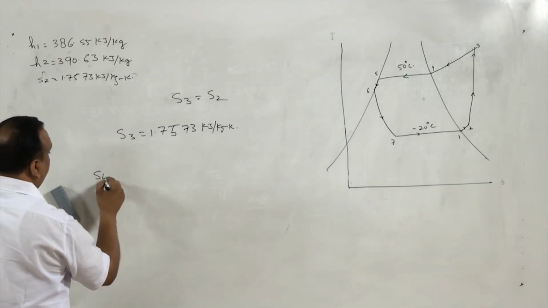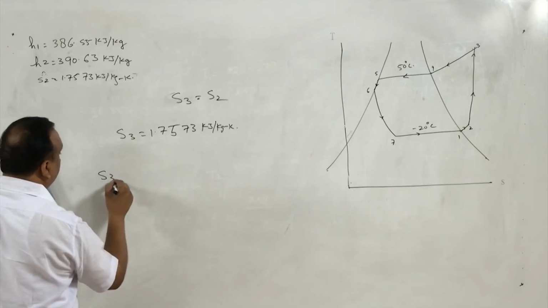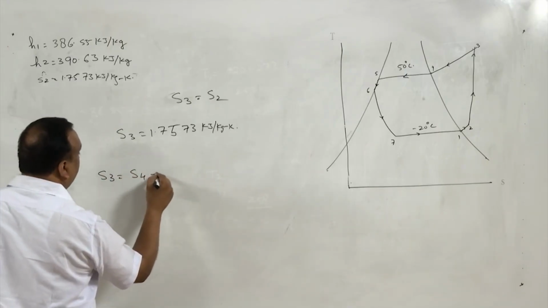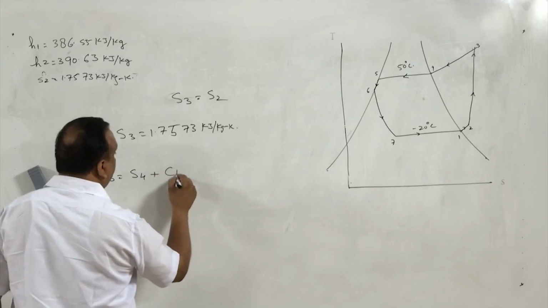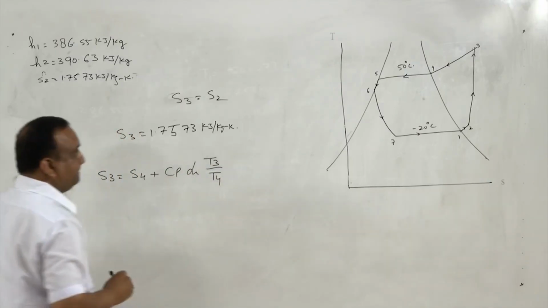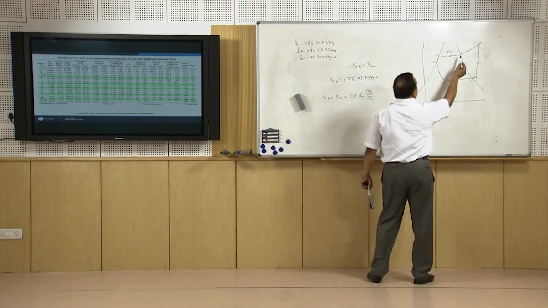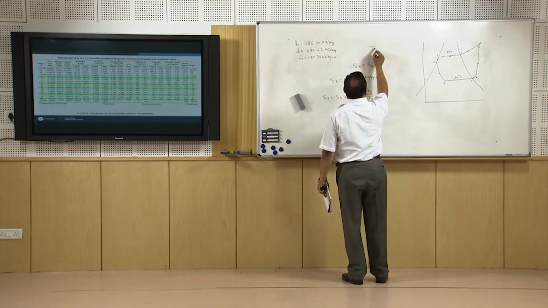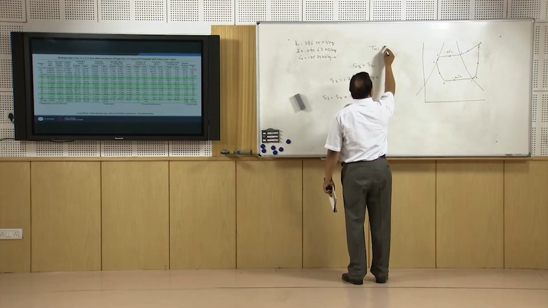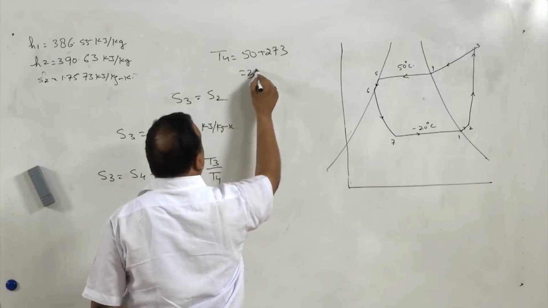S3 is going to be equal to S4 plus Cp natural log T3 by T4. Now, in this case, T4 is 50 plus 273, which is equal to 323 Kelvin.